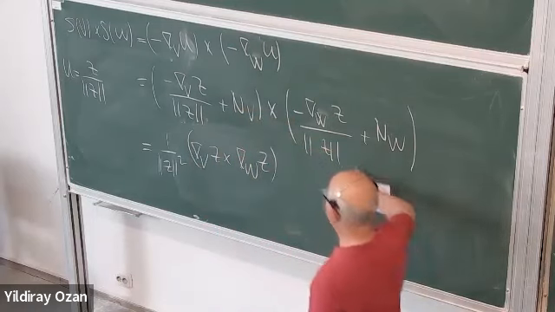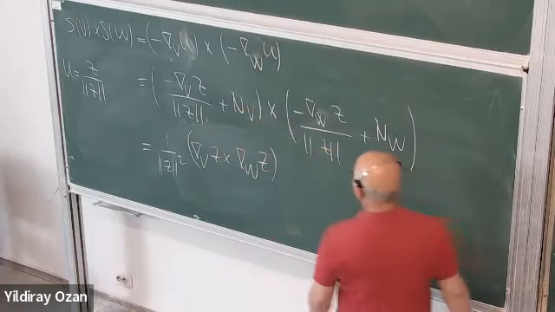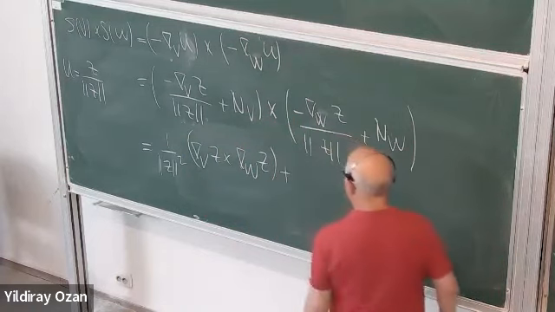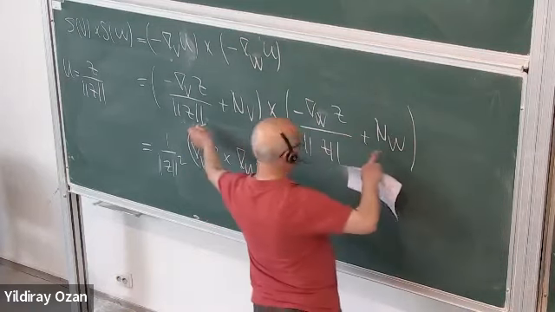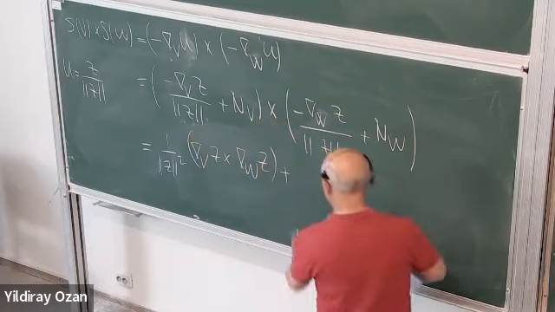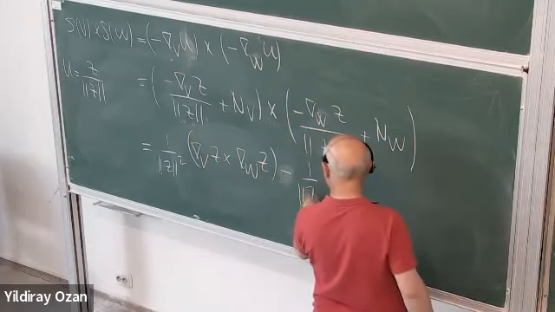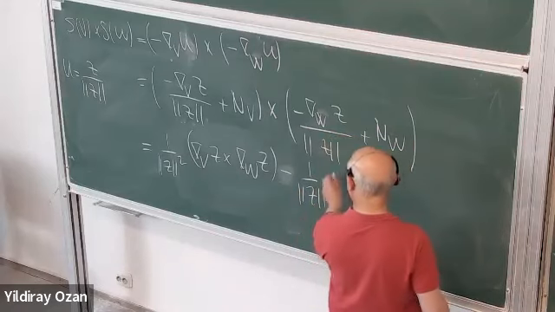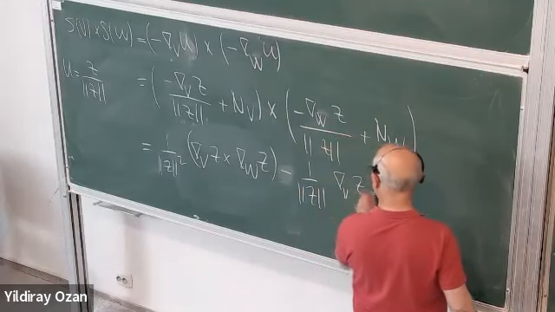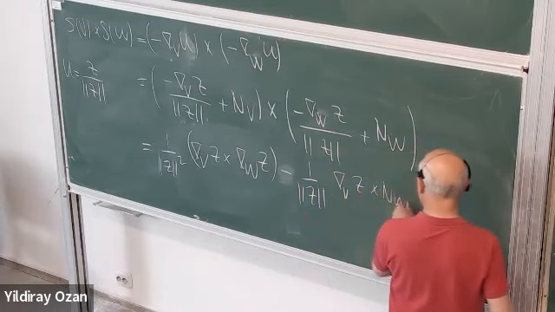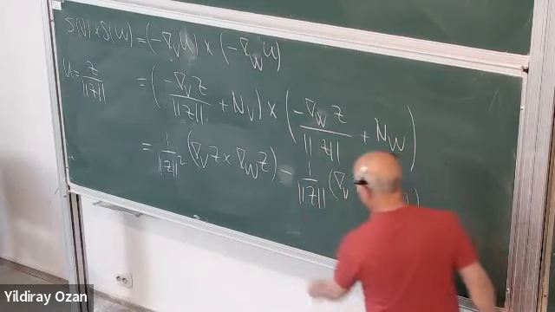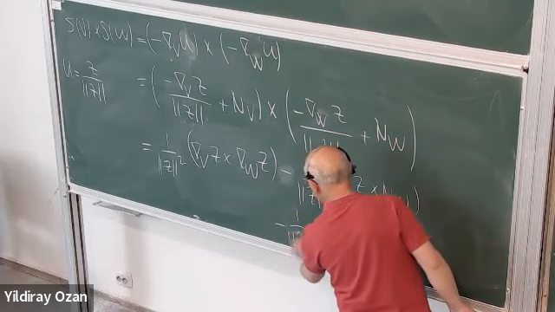So this is from the first term, and then I have this term cross this term, that's a minus 1 over norm Z, and then the covariant derivative of Z cross NW, and then minus 1 over norm Z again.